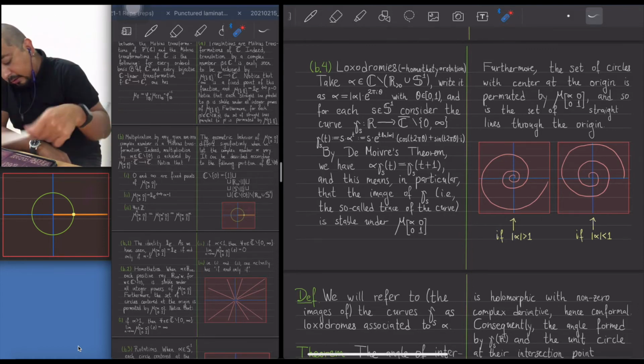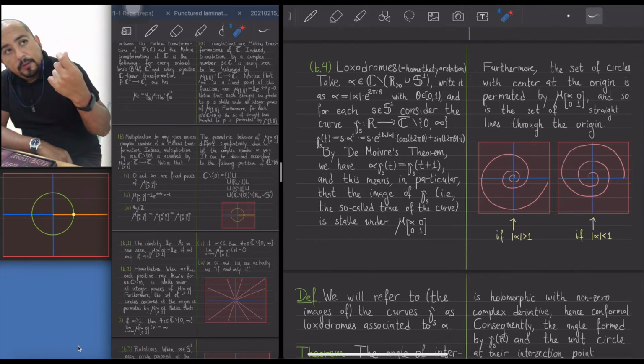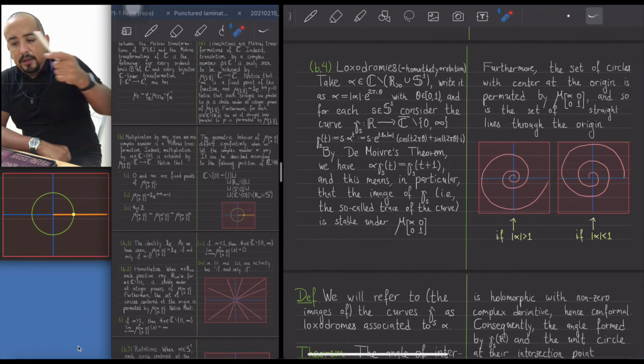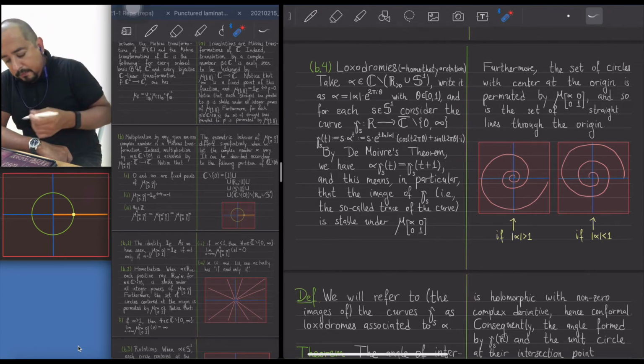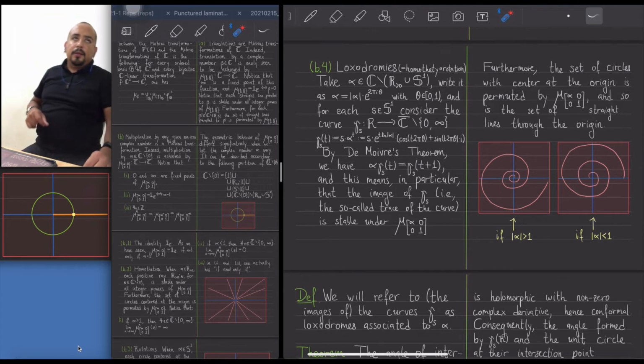So we want curves that are invariant, that are stable under multiplying by alpha, and again by alpha, and again by alpha. What I'm going to do, just to do everything at once, is not only find an obvious curve with this property, which is just the curve parameterized by the real line such that gamma of t is alpha to the t.